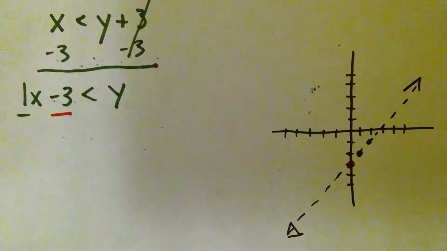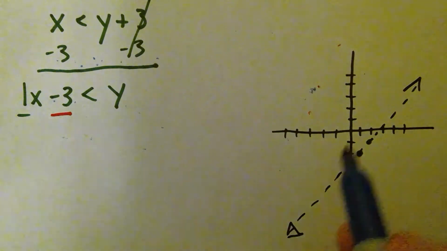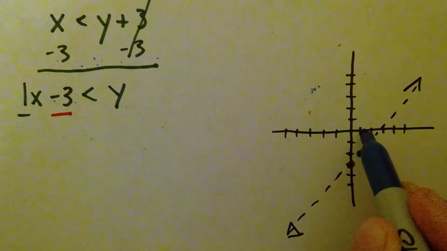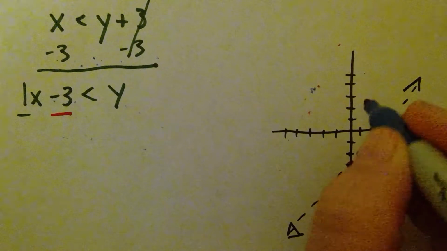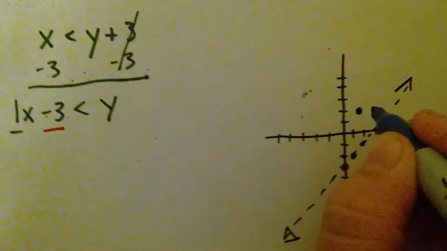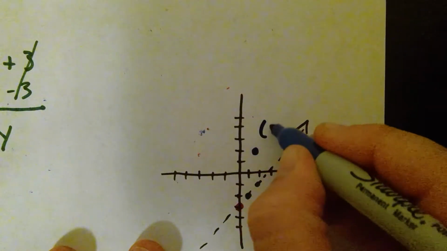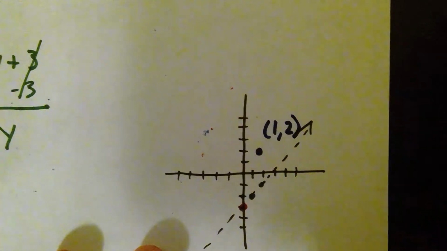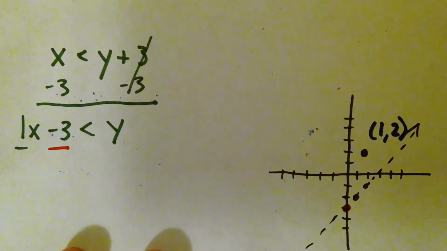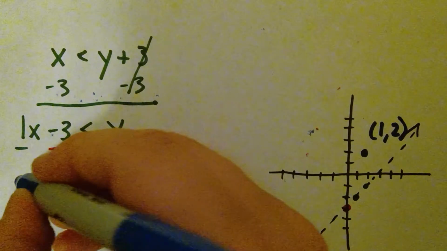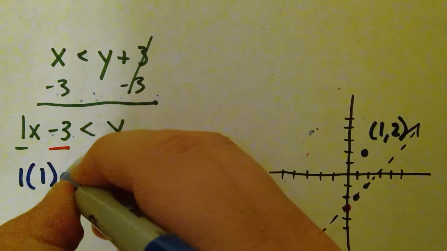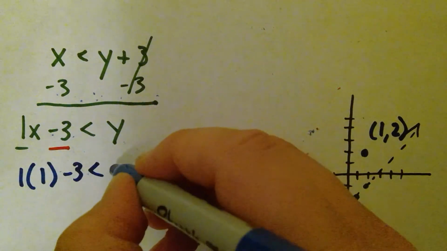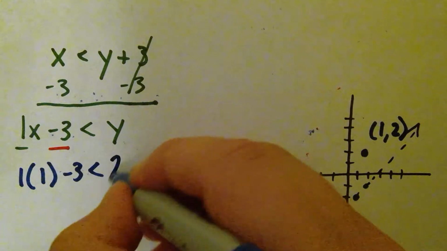Now, just to shake things up a bit, we're going to use a point other than 0, 0 this time. Let's use the point 1, comma 2. We're going to check this point right here. My x value is 1 and my y value is 2.